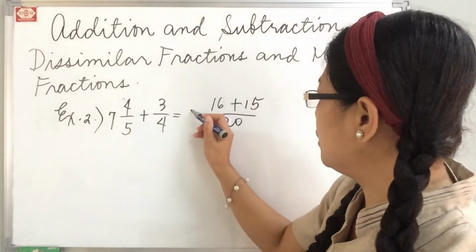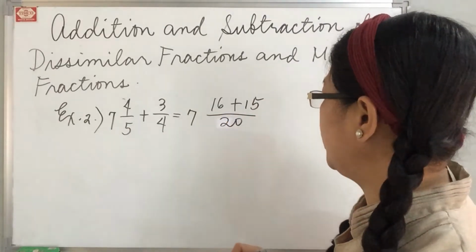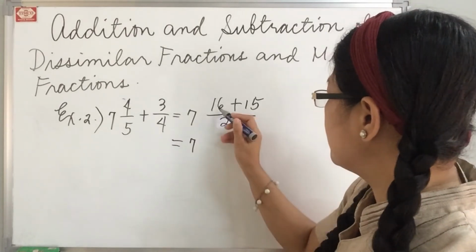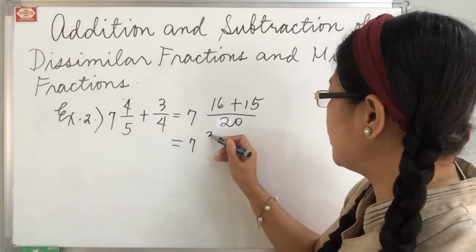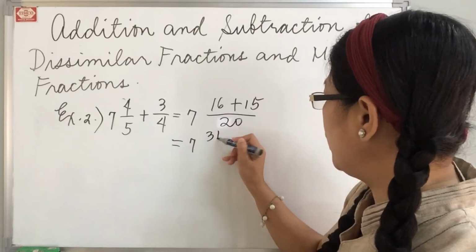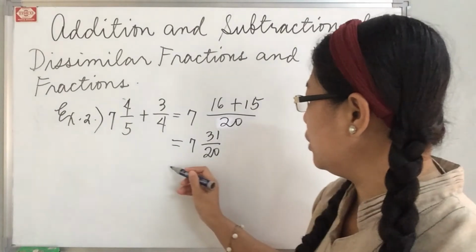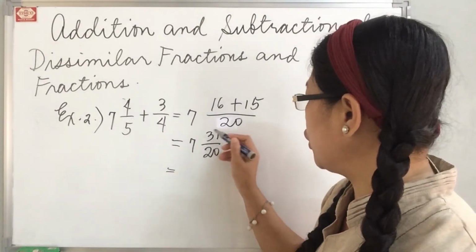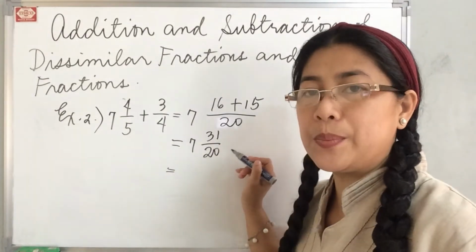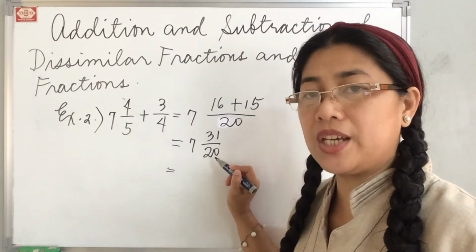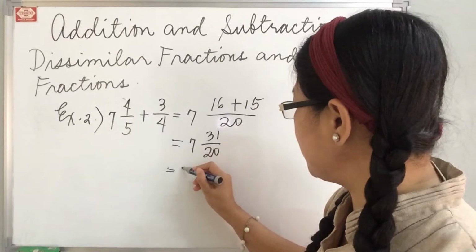And then let's copy the whole number. Okay? Bring down the whole number. 16 plus 15, that is 31 over 20. Okay, now look at our fraction. It is improper again. So we have to change it into mixed fraction. So bring down 7.